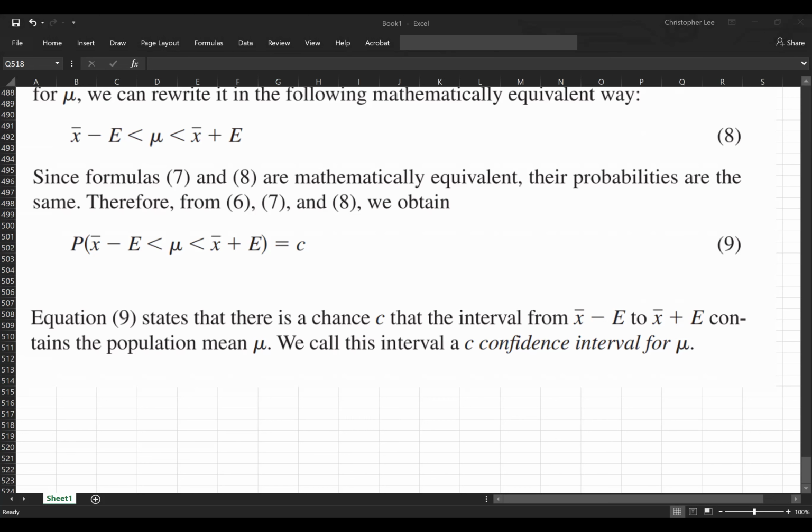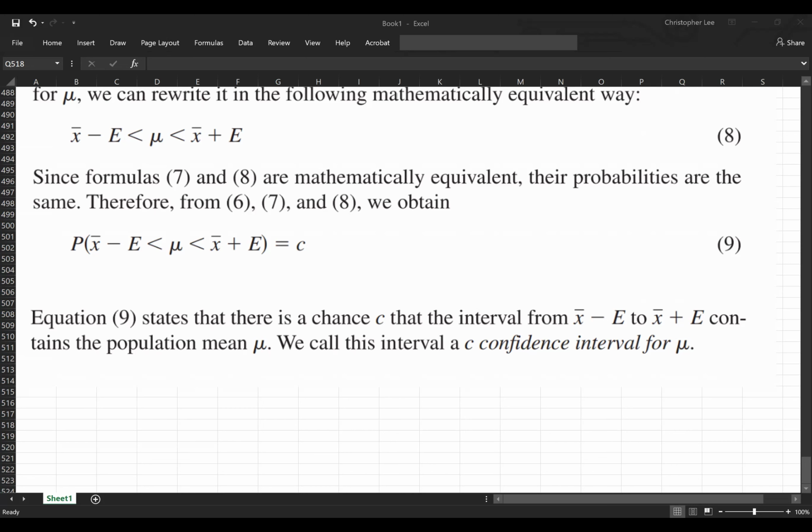I have some population. Every time I take a sample from that population, the interval might contain the population mean or it might not. With this level of confidence, I'm saying that I believe the sample I just took might contain the population mean 99% of the time or 89% of the time or whatever percent of the time.